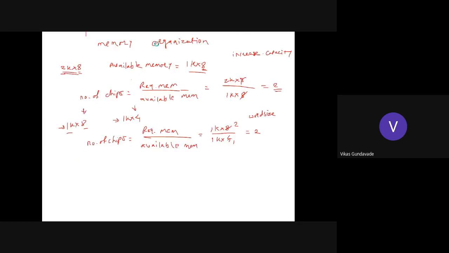So when we are reading the data, depending upon the status of this A10 line, the data will get accessed. That's why this A10 line is used for chip selection. If this A10 line is 0, the first memory chip is selected. If this A10 line is 1, then the second memory will get selected. So depending upon this, the chip selection is done. Okay, everybody understood it? Did everyone understand?